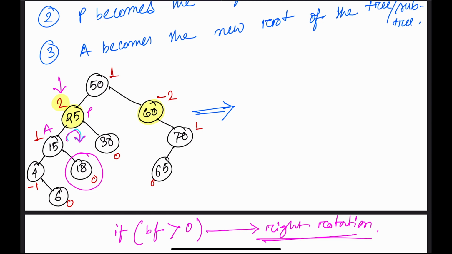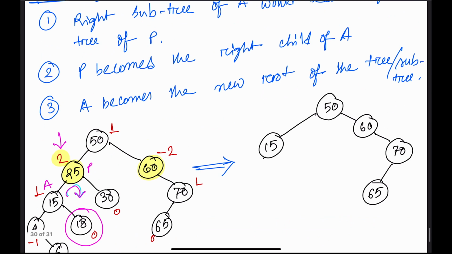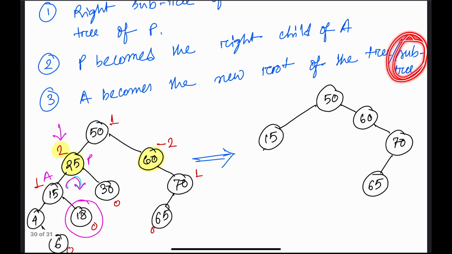So obviously everything will remain the same here, 50 and 60 and then 70 and then 65, this part is same, but here it is 25, sorry, it won't be 25 right now. What would it be? It would be 15, because A becomes the new root of the subtree.